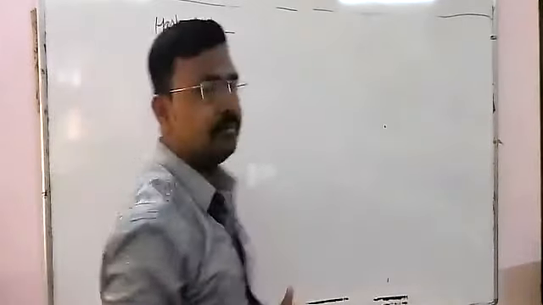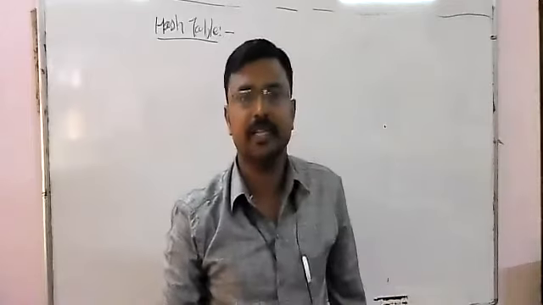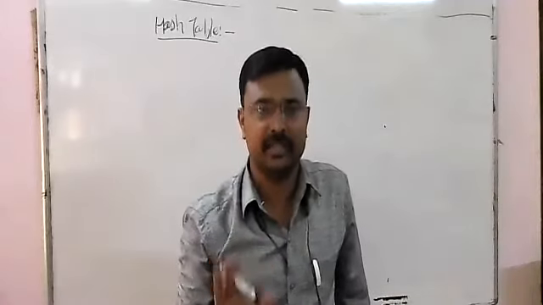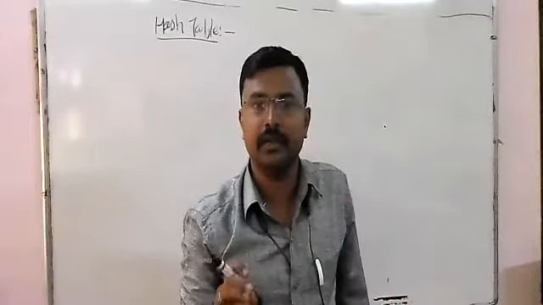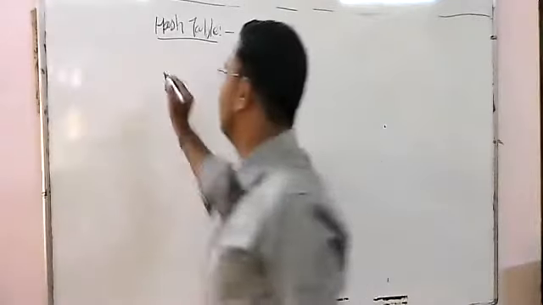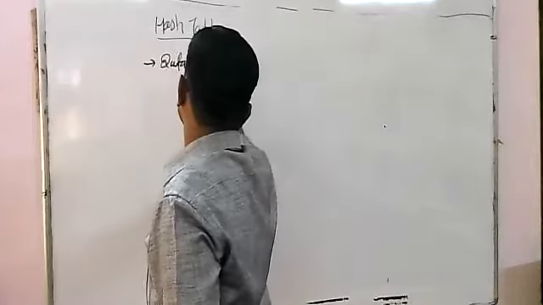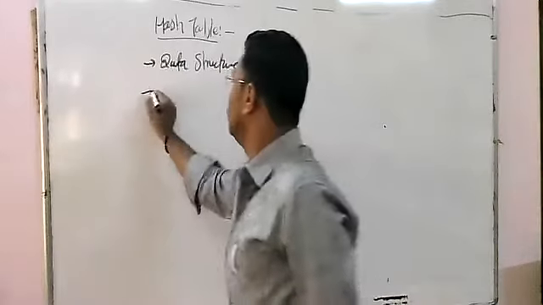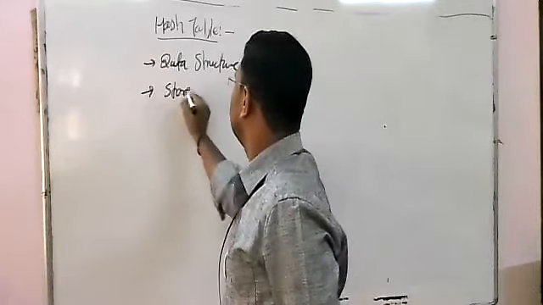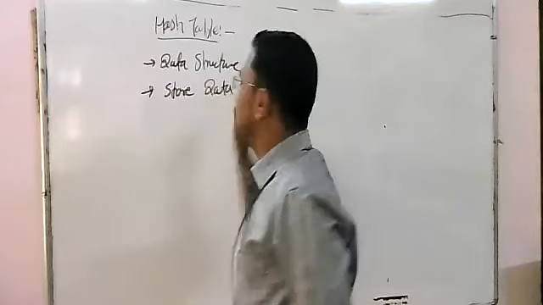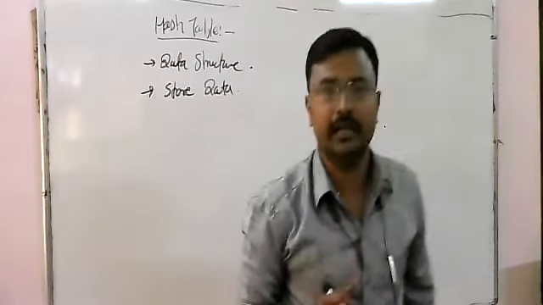So first, the hash table is a data structure. What is the first thing you have to say? That your hash table is one of the data structures, and it is used to store data.